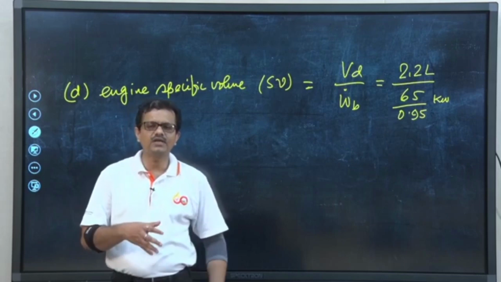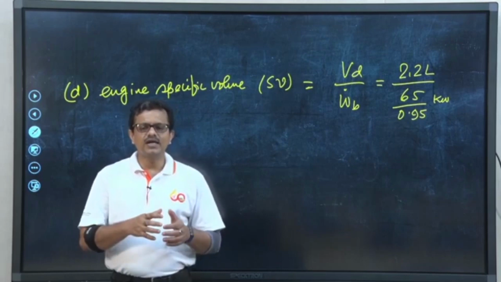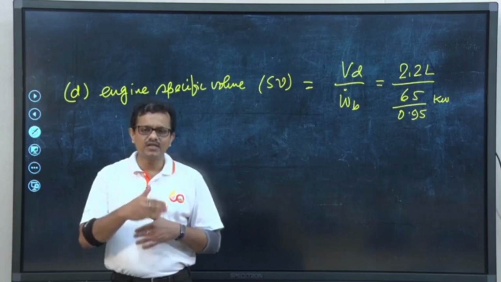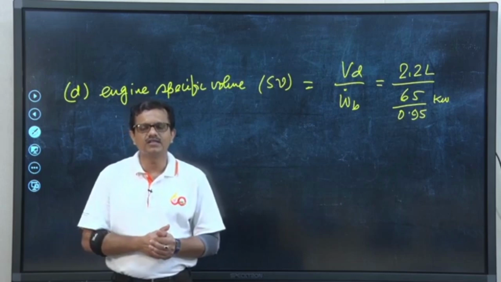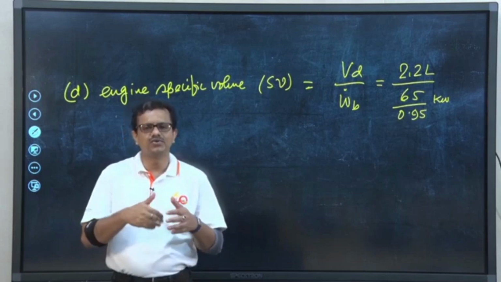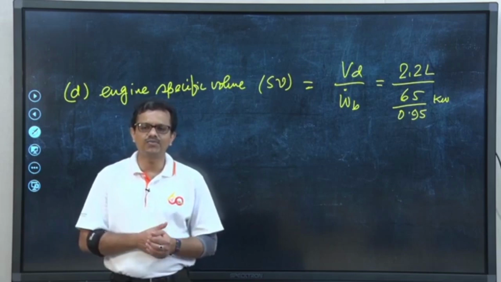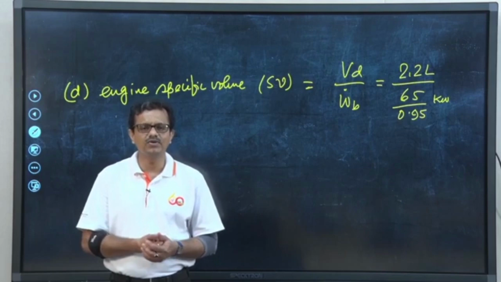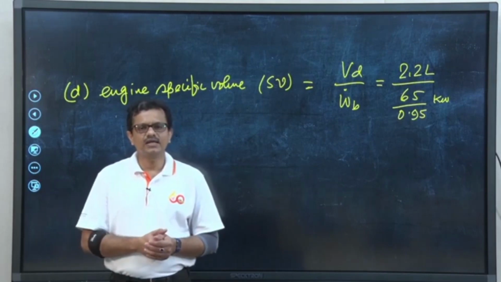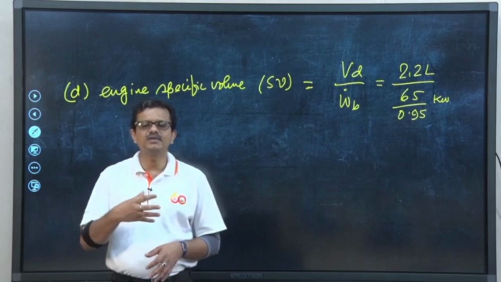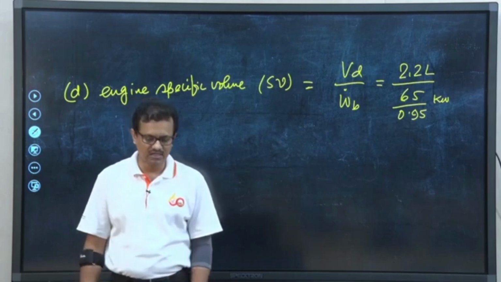We have tried to express their mathematical forms, and finally, their variation with a change in speed, though we did not discuss the nature of the curve, and that part we will discuss in one of the next classes. And finally, we have solved one numerical problem, and by solving that problem we have understood how we can calculate several performance measuring parameters knowing certain information of the internal combustion engine.